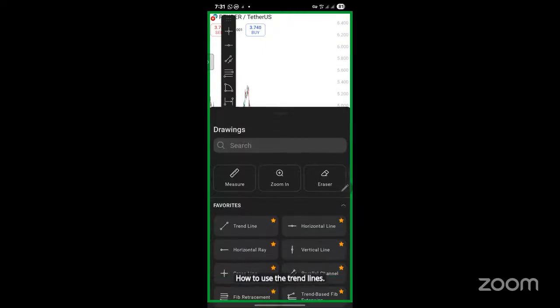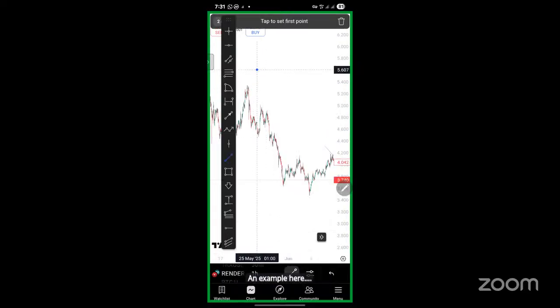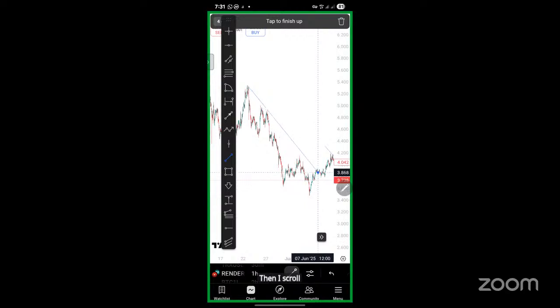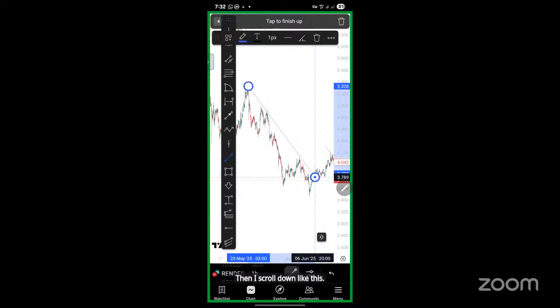An example here, I've seen some points. I tap it on the high, then I scroll down like this. So you see that my trend line goes here, here, here, then here.